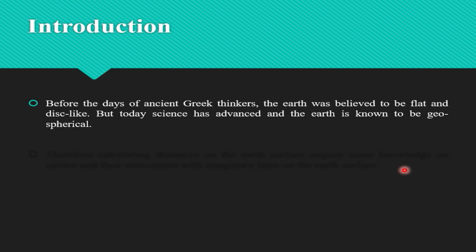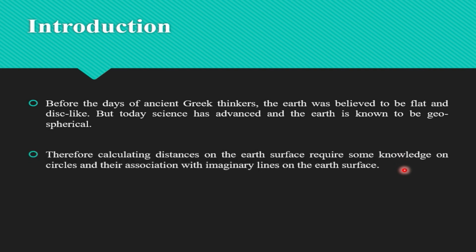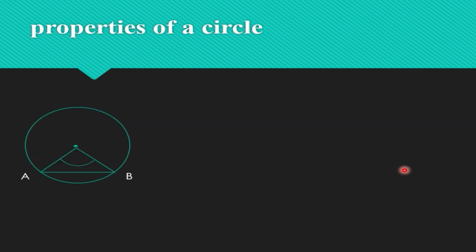But today science has advanced and the earth is known to be spherical, and so calculating distance on the earth's surface requires some knowledge of circles and their association with imaginary lines on the earth, which is what is leading to global mathematics.